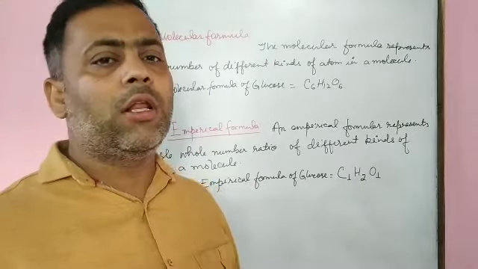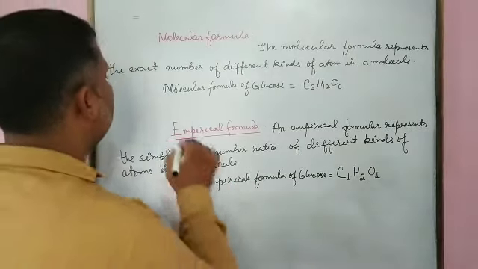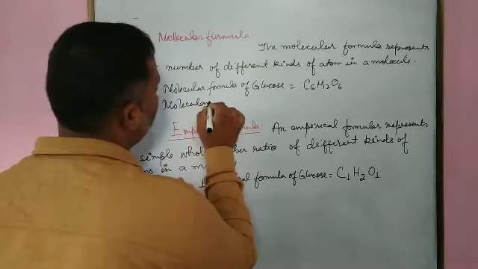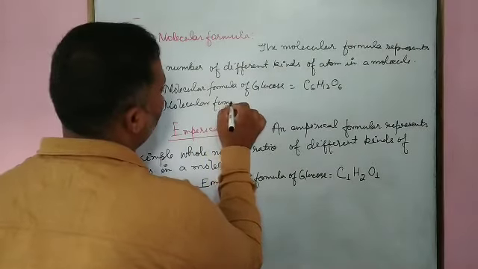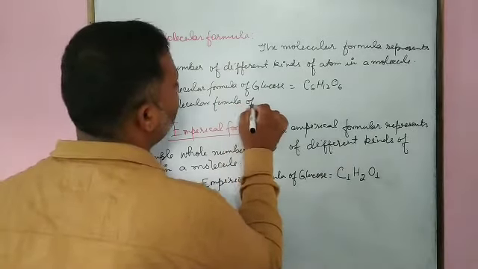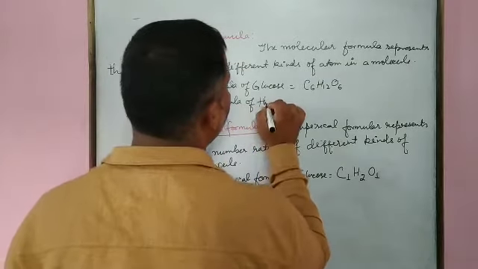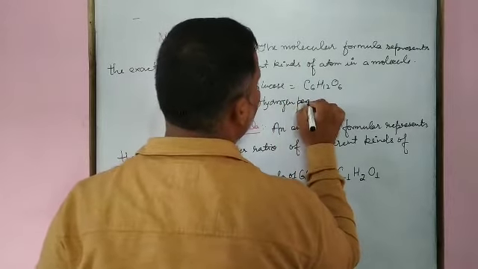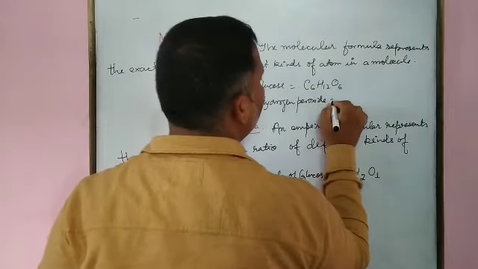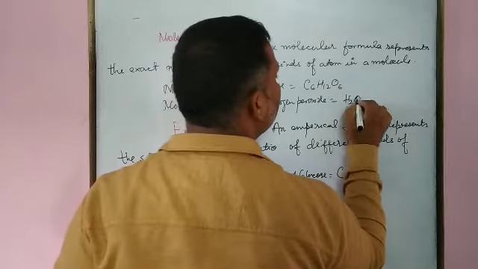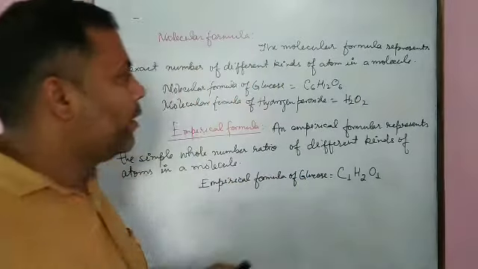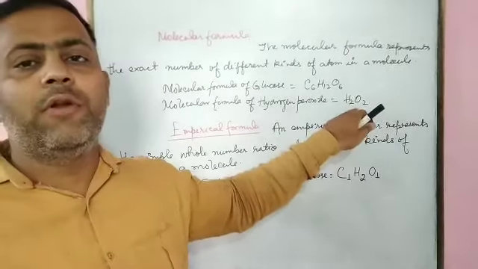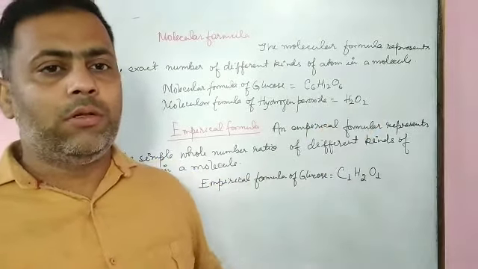Let us take another example: the molecular formula of hydrogen peroxide. It is H2O2. That means it represents the exact number of different kinds of atom in a molecule.